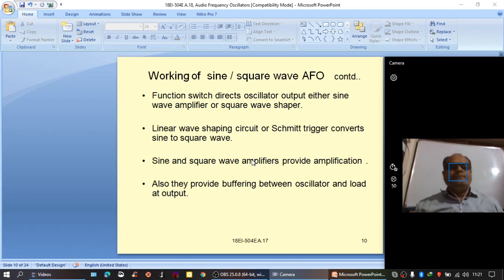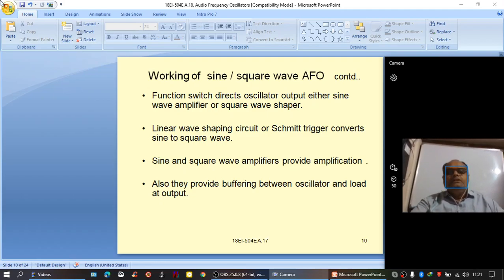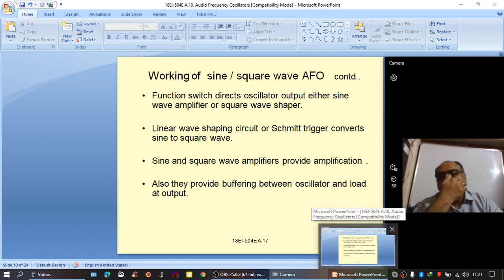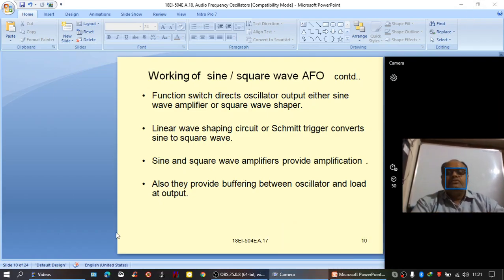That is why the amplifiers used either in the sine wave generator circuit or square wave generator circuit, they act as buffering circuits also.